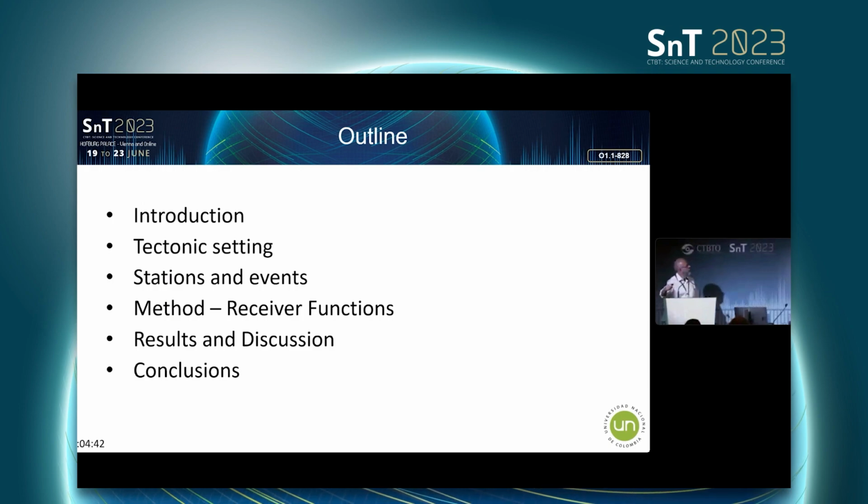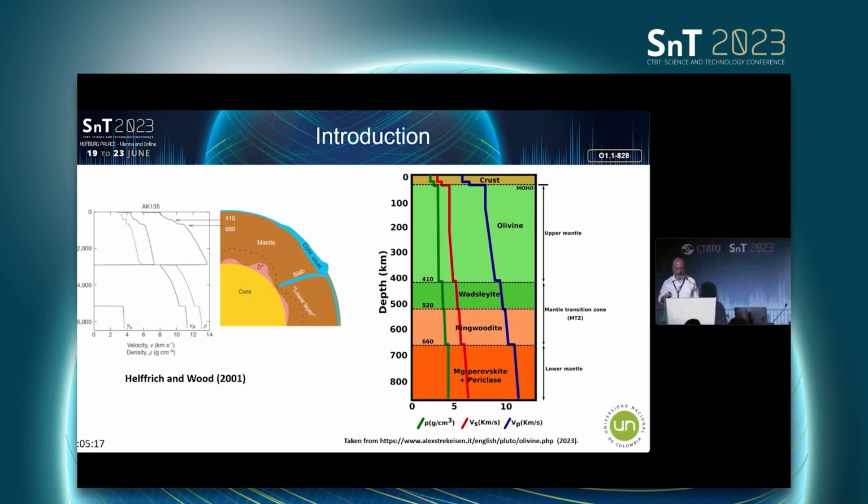The first issue to bring up is why we need to estimate this contrast of impedance in the mantle. What is important in seismology?